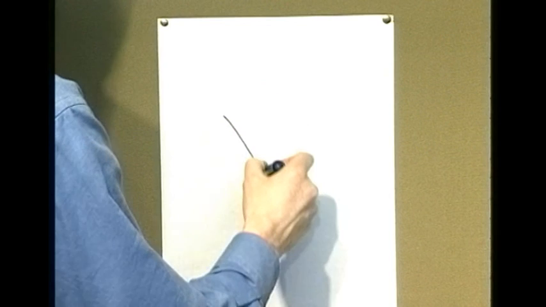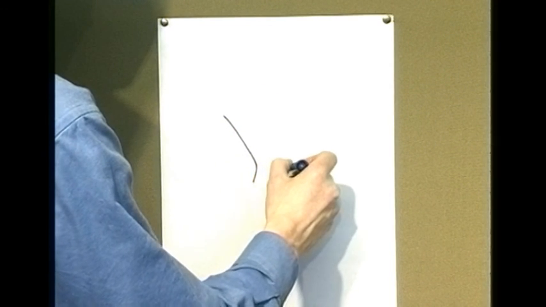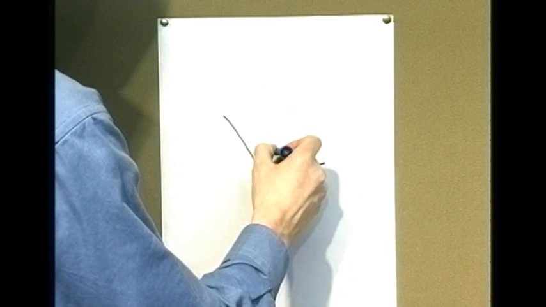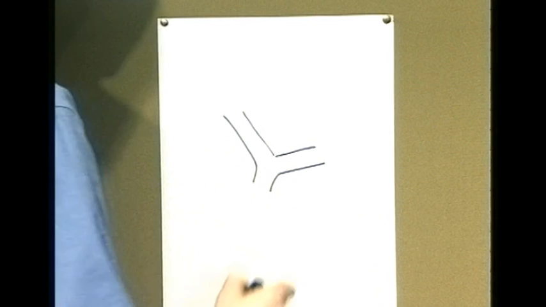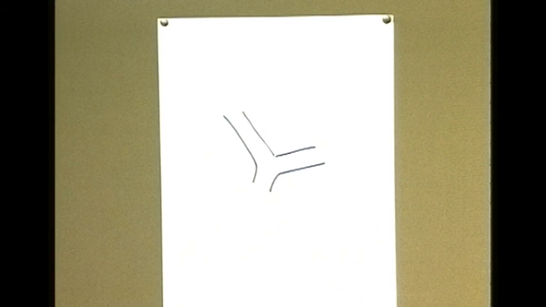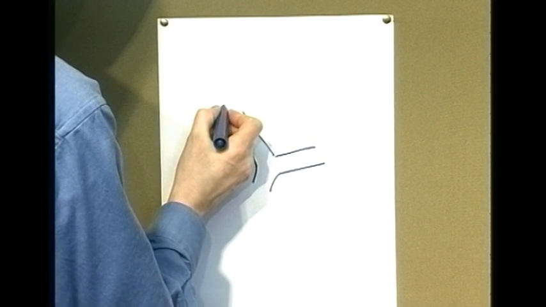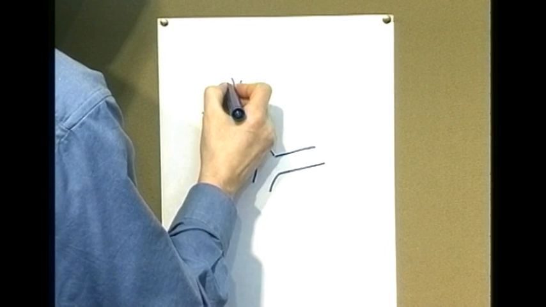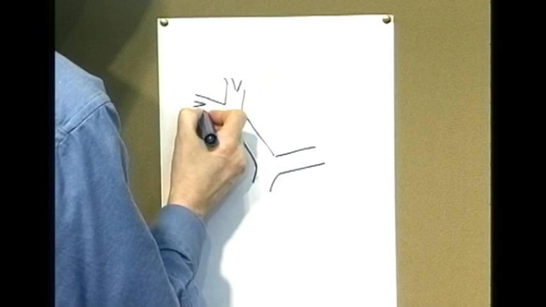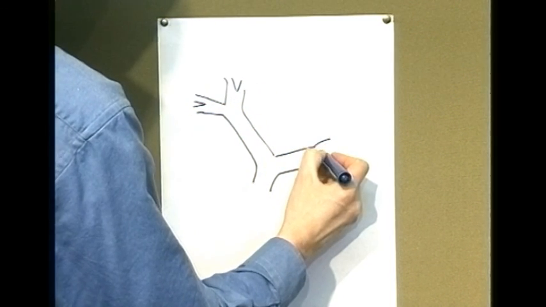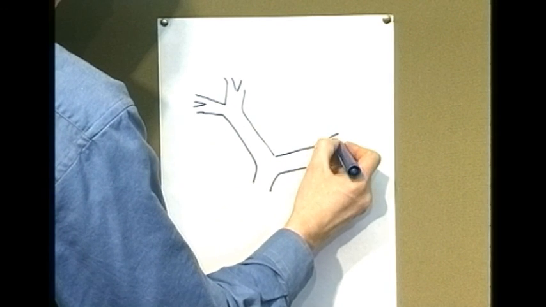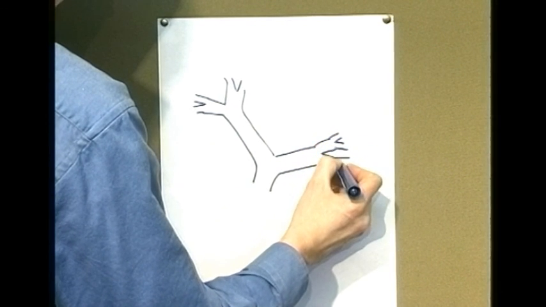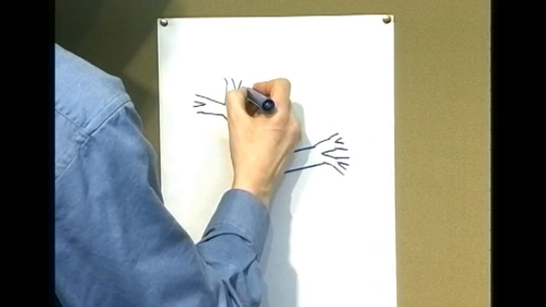And the pulmonary artery quickly divides into two other arteries, the right and left pulmonary artery. And very soon these start to subdivide very quickly into the many arteries which supply the lungs with blood. So it breaks down very quickly into the arterial tree.